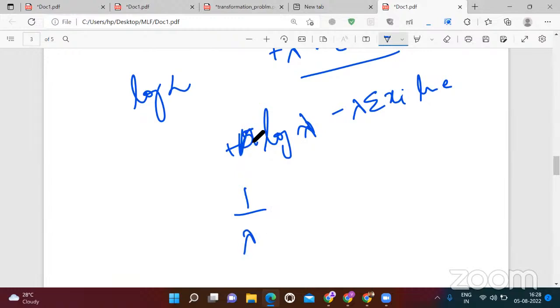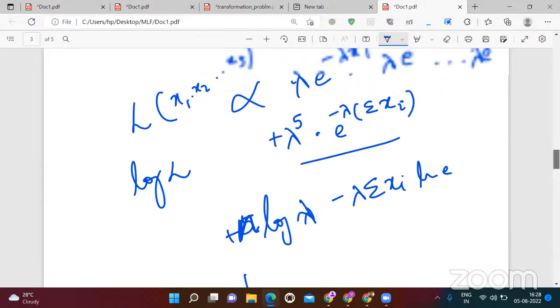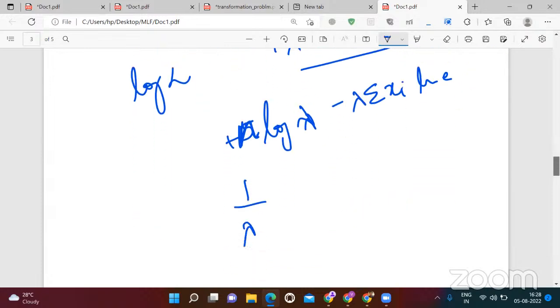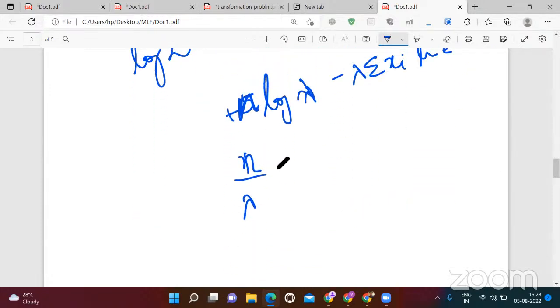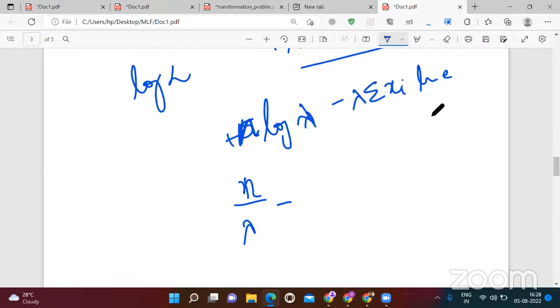Sorry, this is n, right? This is 5, sir, 5 data points you are taking. Yeah, I'm taking 5 data points. If I'm taking n data points, it should be n, right? Yes, so n upon lambda minus lambda into summation of xi equals to 0. So n upon lambda equals to summation of xi.